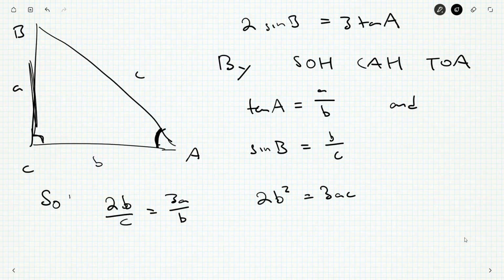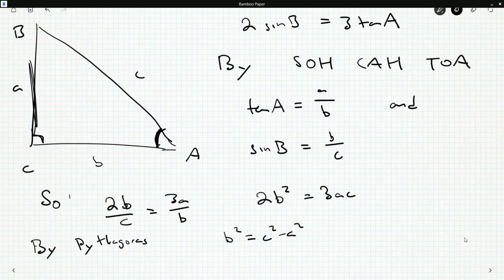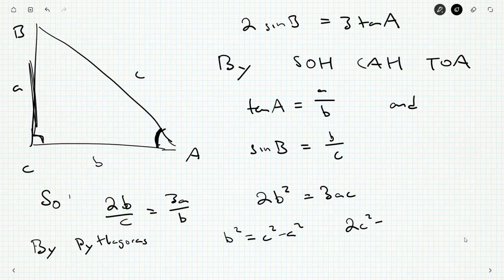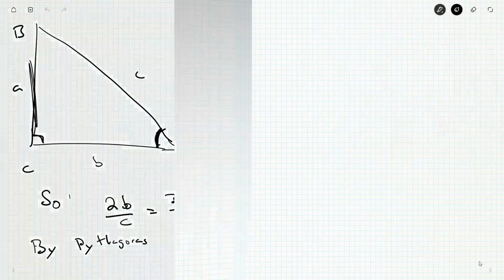Now it's a right triangle, so by Pythagoras, b squared is equal to c squared minus a squared. And I want the measure of angle A, right? So then I could say 2c squared minus 2a squared is equal to 3ac.